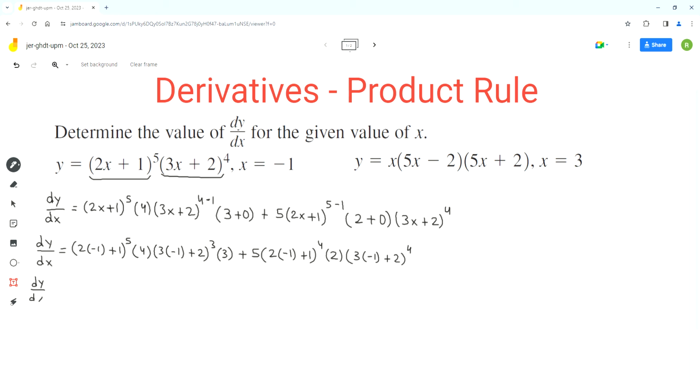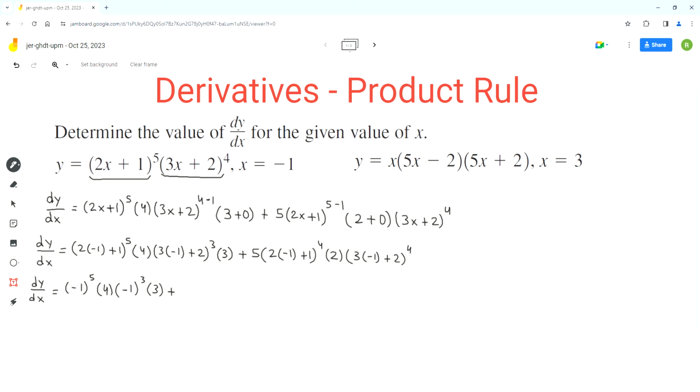So dy over dx equals, in the first parentheses we get 2 times -1, which is -2, and -2 plus 1 is -1, exponent 5. Then times 4. Now in the other parentheses we do 3 times -1, which is -3, plus 2, which is -1, exponent 3 times 3.